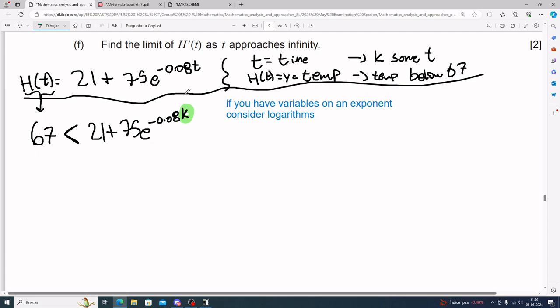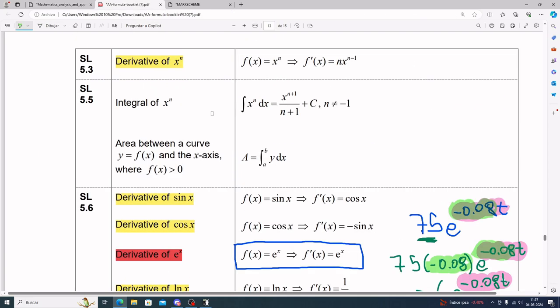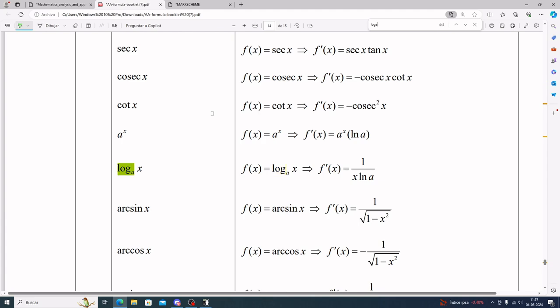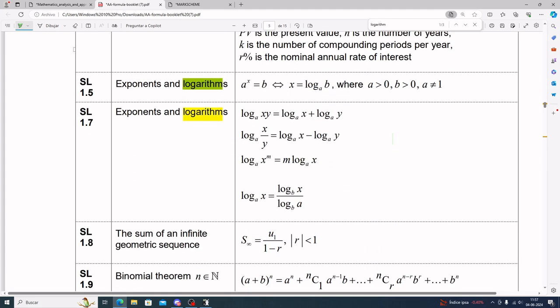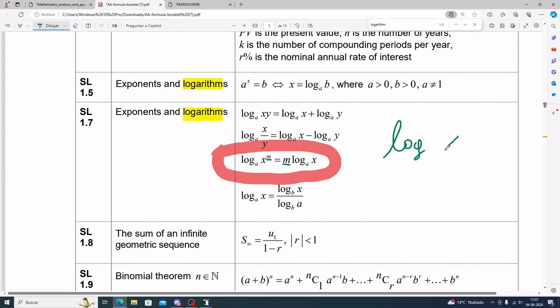If you look at the formula booklet under logarithms, there's one property that is very interesting. Notice what happens to m: m is on an exponent, and then m is in front. For example, log of x squared ends up being 2 log x. It's very useful for getting rid of exponents.